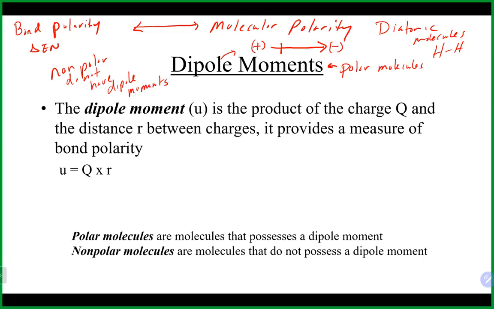So you could think of a polar molecule kind of like what we think about with a polar bond or a non-polar bond. When we have a non-polar molecule and a non-polar bond, because we have equal sharing of electrons and equal distribution of electrons over the entire molecule, it's sort of like a neutral molecule. There is no side that's more positive. There's no side that's more negative. It's sort of neutral.